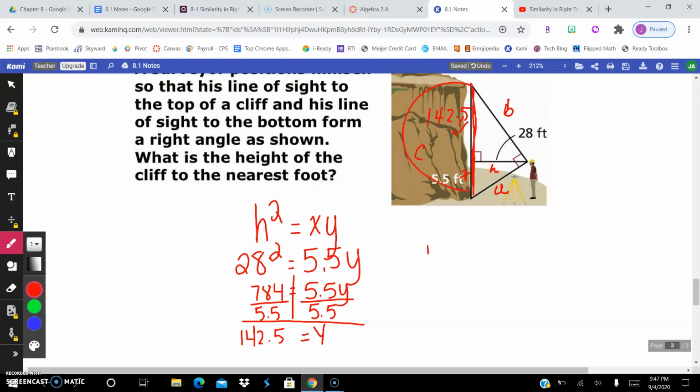So we have to take that 142.5 and add our 5.5 to it. So our C value is 148 feet. Feet were the units used here.